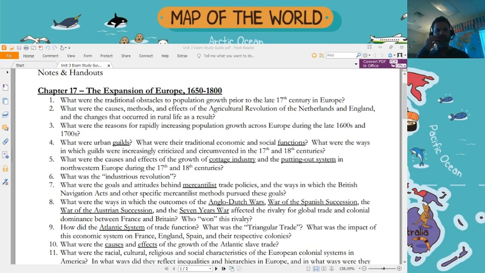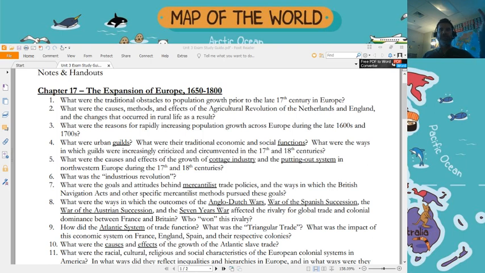So, now number 7: what were the goals and attitudes behind mercantilist trade policies, and the ways in which the British Navigation Acts and other specific mercantilist methods pursued these goals? So mercantilism, at its core, looks at all of the wealth in the world as fixed, that there's only so much out there, and trade is essentially a zero-sum game.